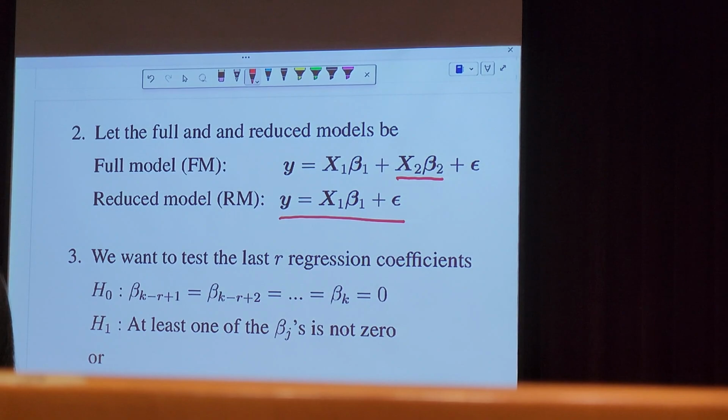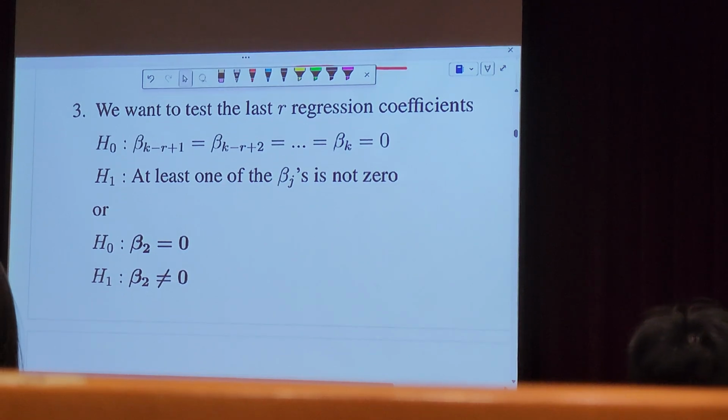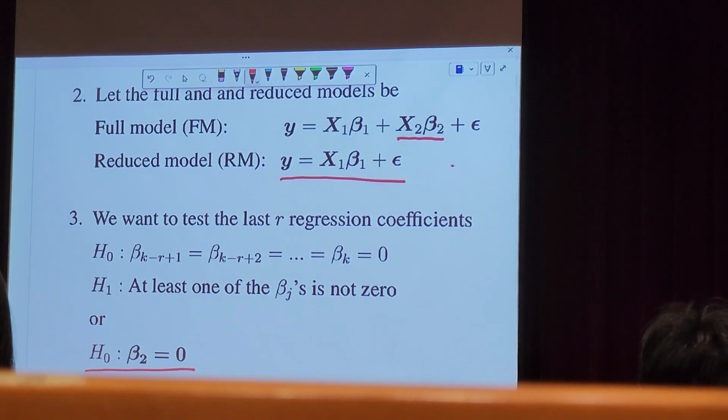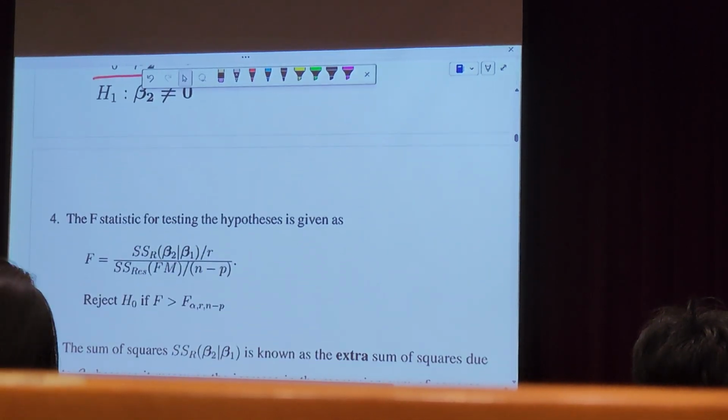So, I want to test whether this beta 2 is equal to 0 or not. I want to test whether we should include this part or not. If beta 2 is 0, then we shouldn't be using the full model, but rather the reduced model. So the statistic that we use is this.